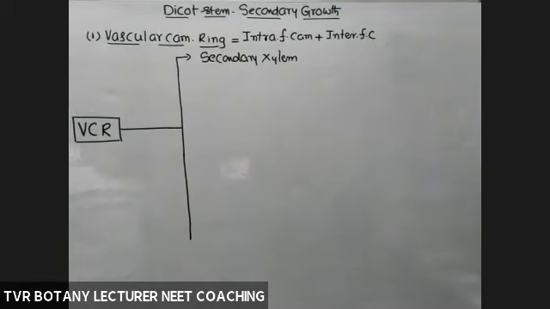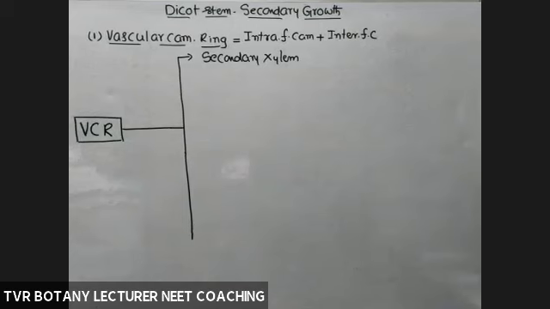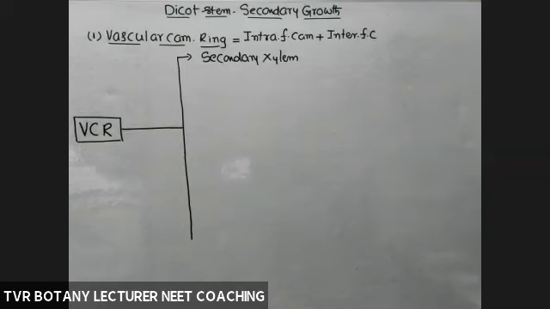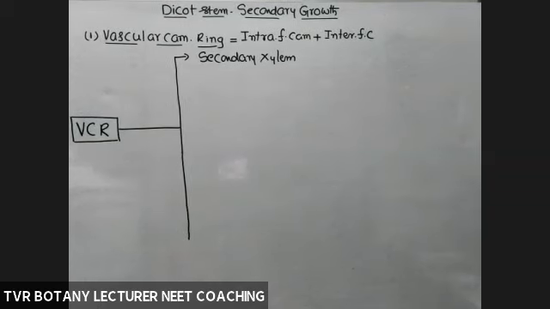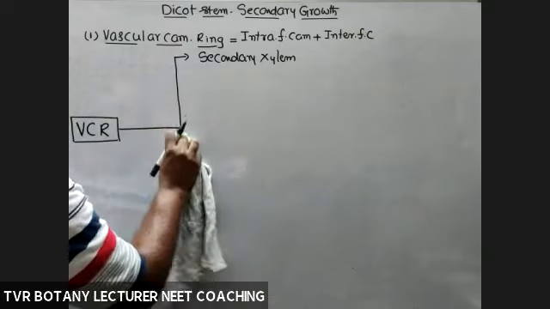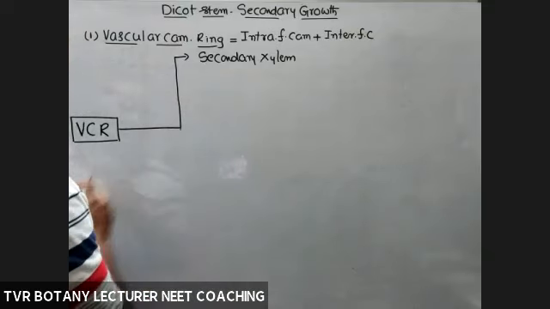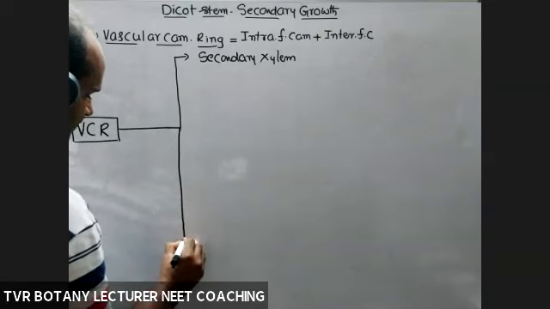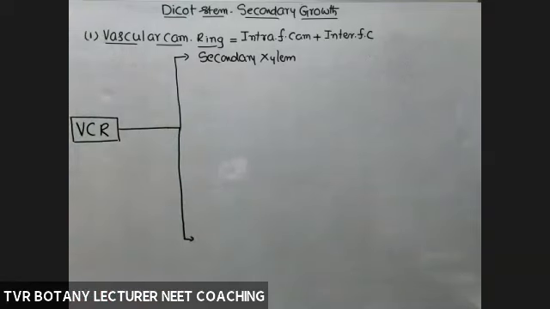Primary xylem remains intact as it is. There is no disturbance to primary xylem. What is the reason behind that? The reason is that the growth of the xylem in stems is from center towards periphery. So that's why primary xylem remains as it is. There is no change, no disintegration of that one.